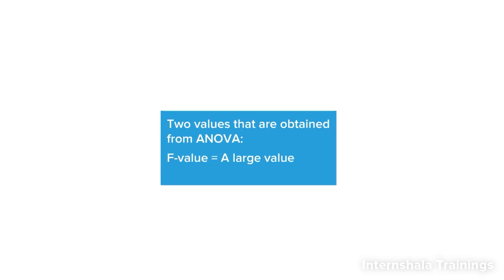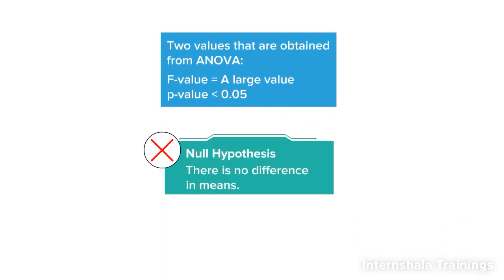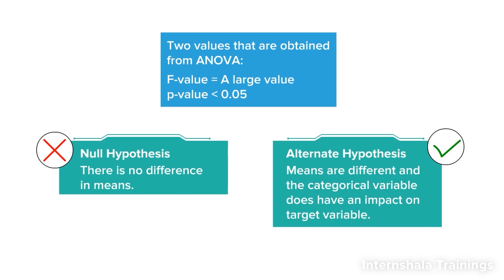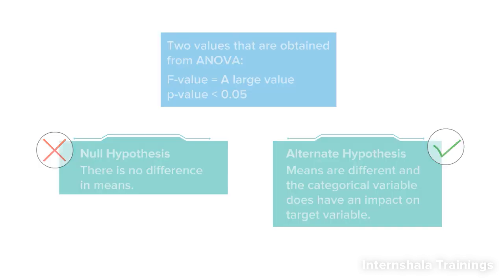One is F value, which should be a large value, and the other is p value, which should be less than 0.05 if we wish to reject the null hypothesis, that is, the means are same, and accept the alternate hypothesis that means are different and the categorical variable does have an impact on target variable.